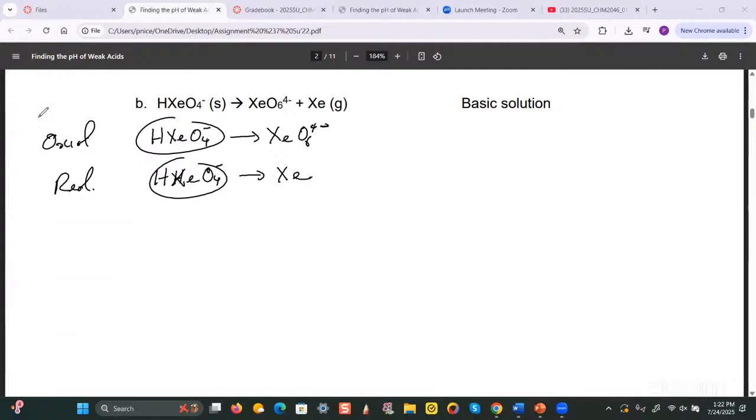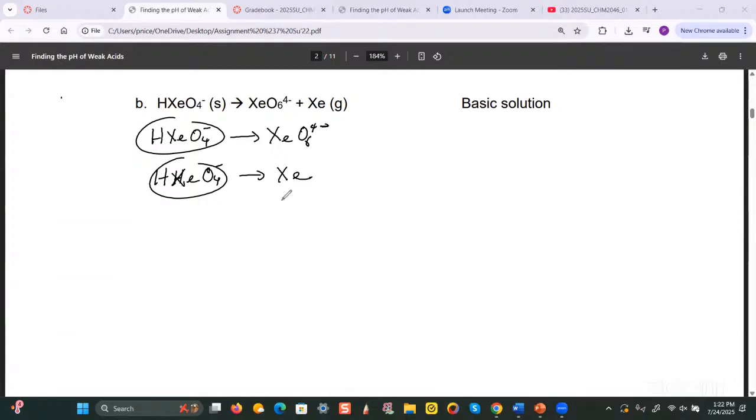What would be the next step? I thought the oxidation was the bottom one and the reduction was the first one. No, the reduction would be the bottom one.